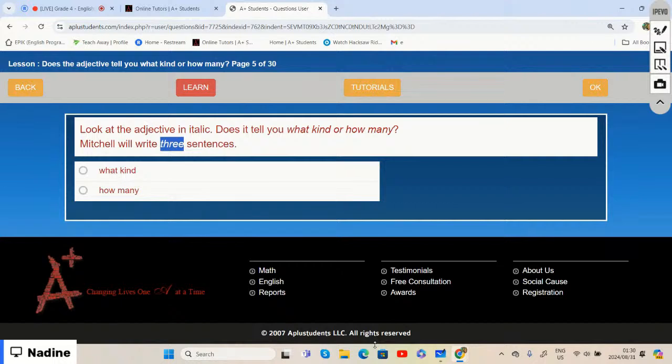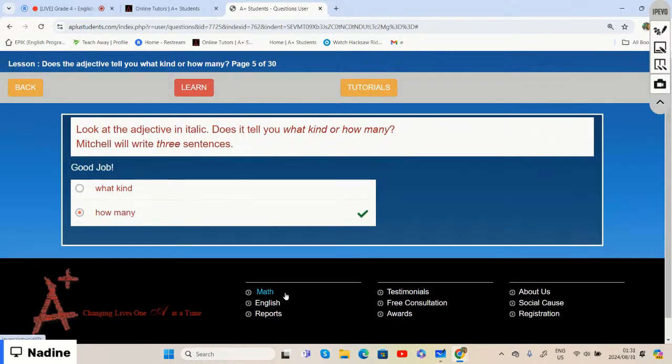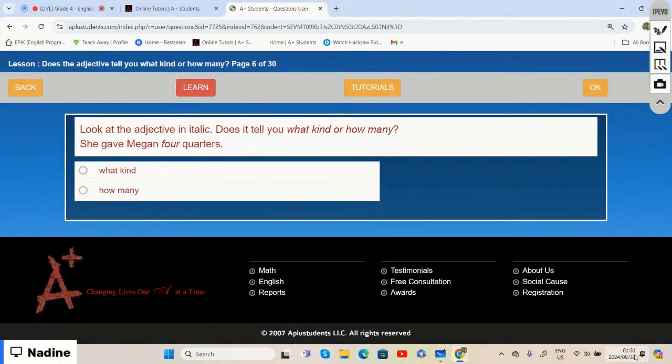So now you ask yourself the question, how many sentences will Michelle write? We cannot say what kind of sentences, because 3 tells us about the sentences. So it tells us how many.